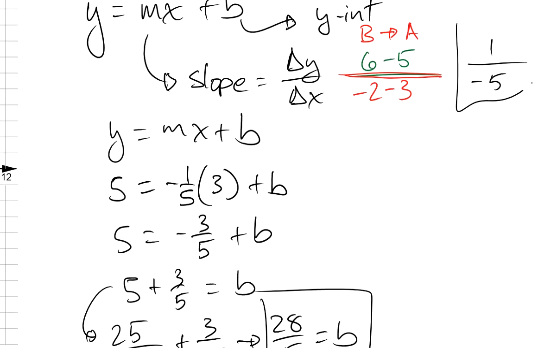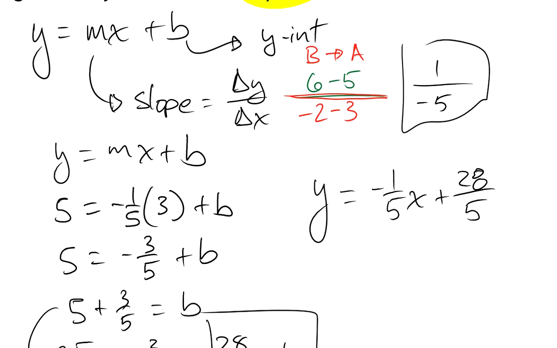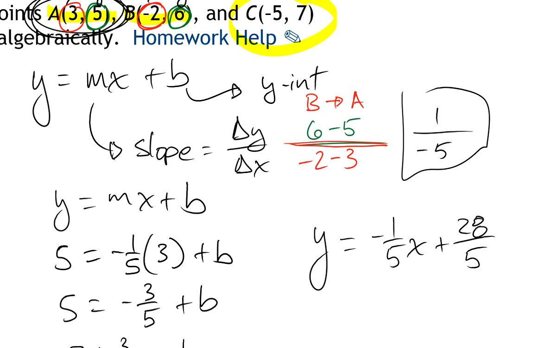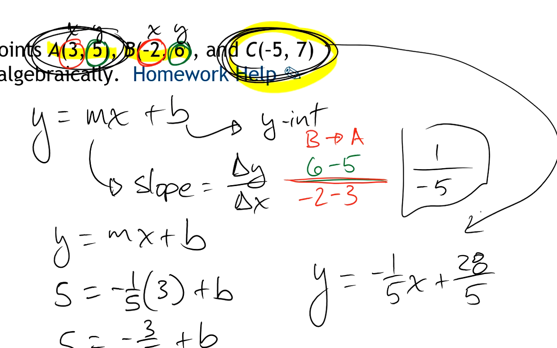Slope was negative 1/5, y-intercept was 28/5. So the equation of this line is y equals negative 1/5 x plus 28/5.